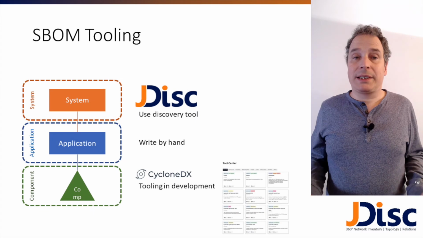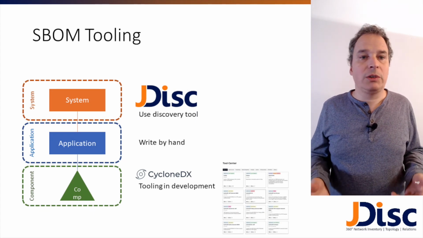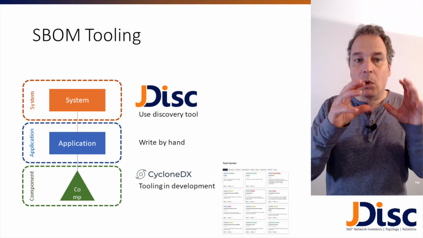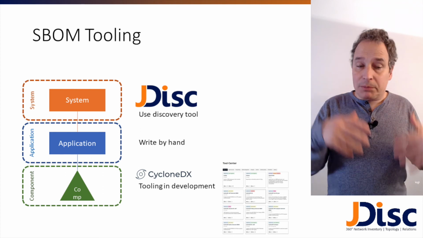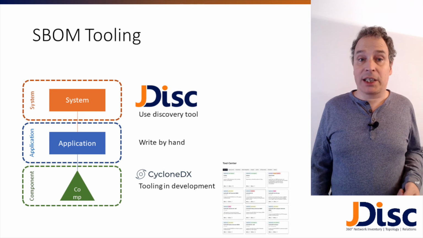How do we practically get this SBOM generated, as we usually don't want to write it by hand, except for cases like the application itself as one service? Well, for the part below, the components, there is tooling available for CycloneDX, for example.